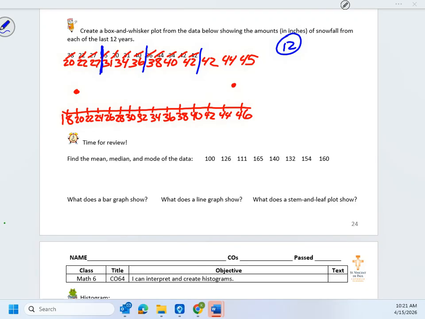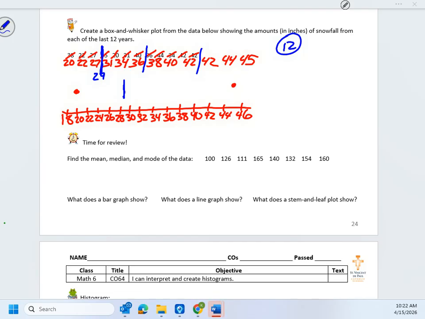Sometimes we have to find that mean. We add the 2 numbers together, divide by 2. Okay? So we have to find that mean of those 2 numbers. Add them together and divide by 2, which is 29. So my lower quartile, that line, is going to be at 29.